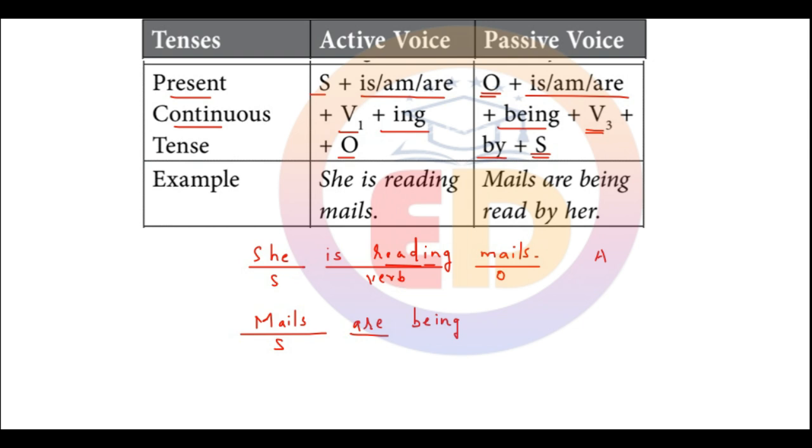Right now it is in the present participle form, V1 plus ing. It will be converted to V3 past participle form, which is read, followed by preposition by, and the subject she, in the object form, will be converted to her. Passive voice will be mails are being read by her.